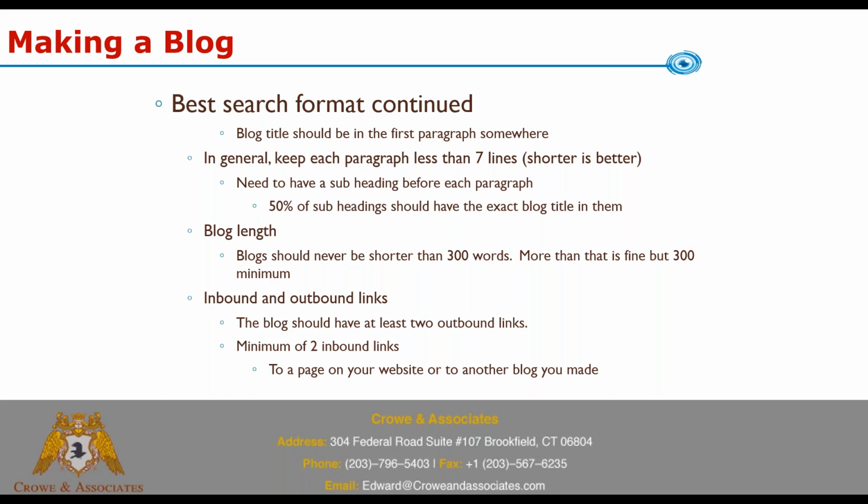So again, it can be another blog you made referencing, maybe if there's a term in there and you did a blog on that term, hyperlink to that blog, or if there's a page on your website that's really applicable, hyperlink to that page, but you need at least 2 inbound links.